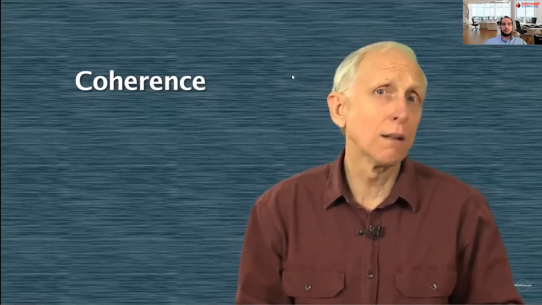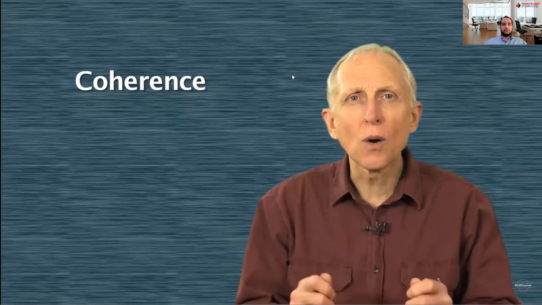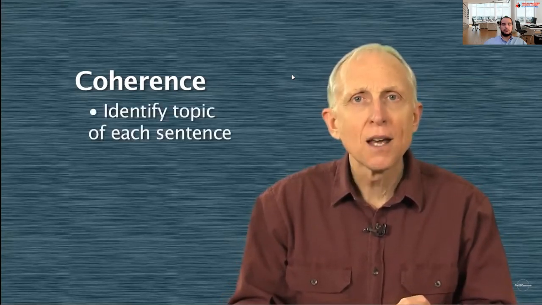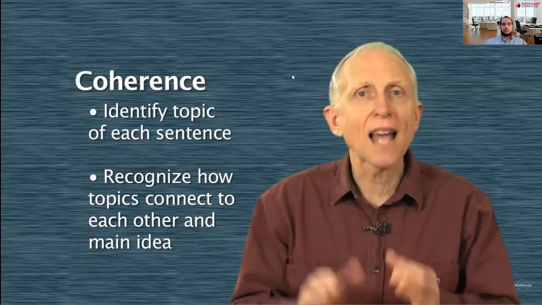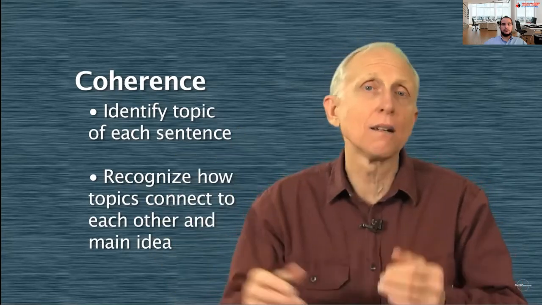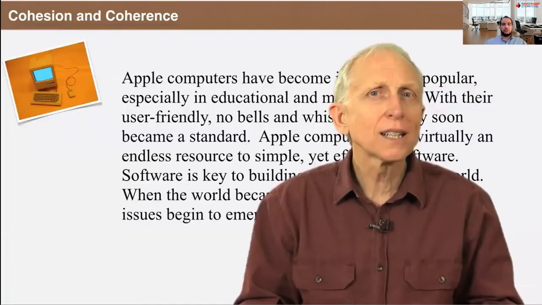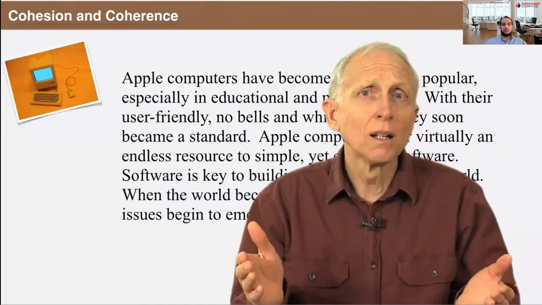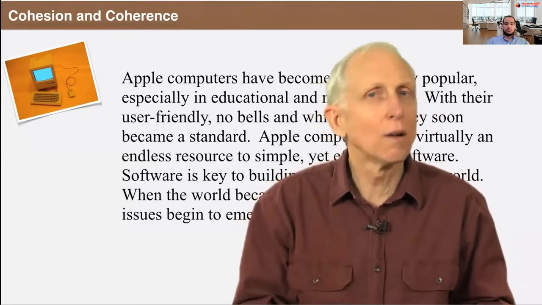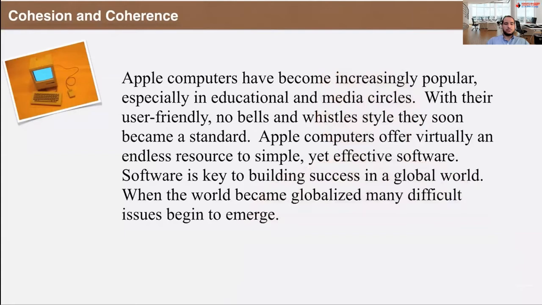A passage can be cohesive, but it may not be coherent. In order for a passage to be coherent, readers first need to clearly identify the topic of each sentence, and then they need to be able to recognize how the sentence topics connect to each other and to the main idea of the passage. Let's look at this passage. It starts off well. We can even say it is cohesive, but it doesn't have coherence. Apple computers have become increasingly popular, especially in educational and media circles. With their user-friendly no bells and wheel styles, they soon become a standard.